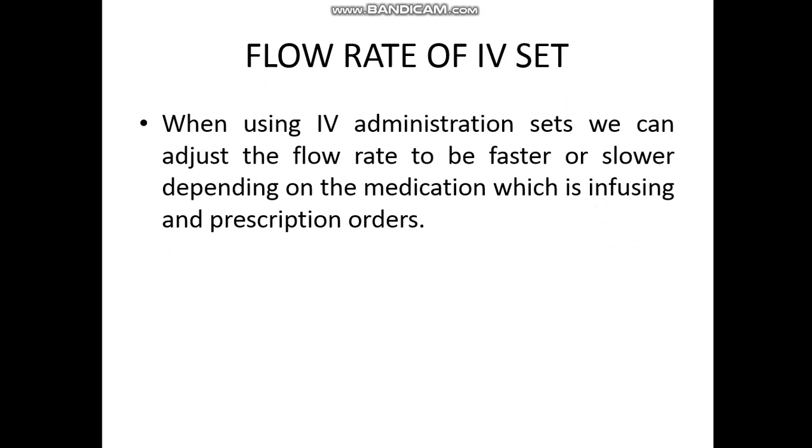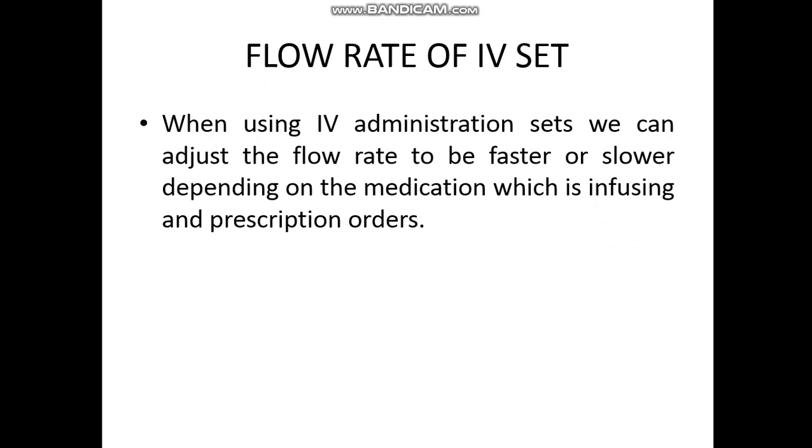But in some cases, such as when the patient is having hypotension, we should administer vasoconstrictors, and for that the medicine has to be induced into the body at a rapid rate. So in such cases, the medicine has to go into the body in a faster way.